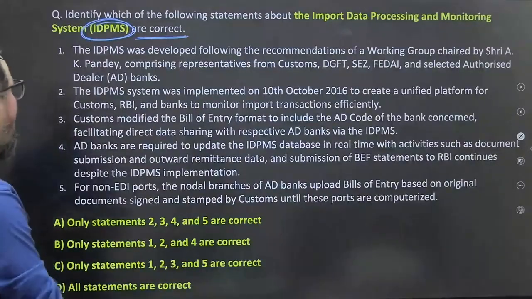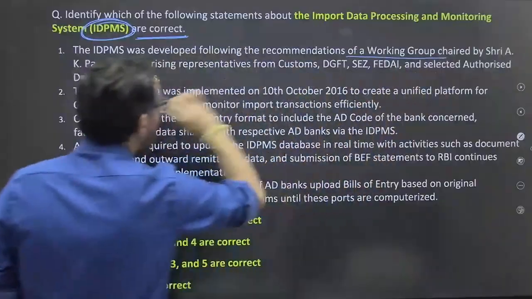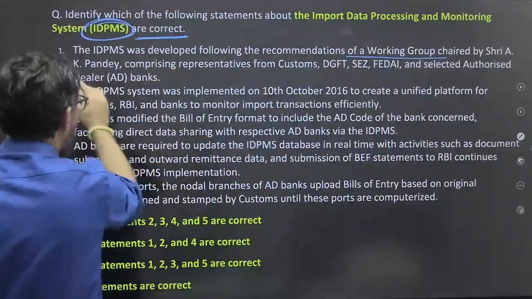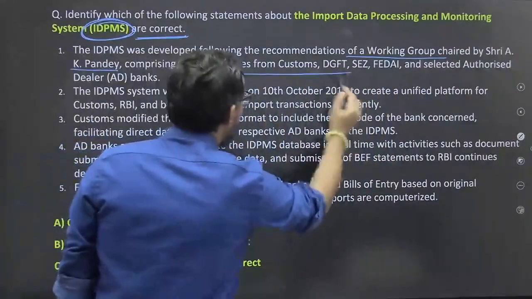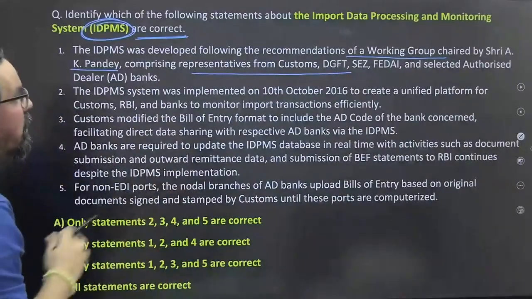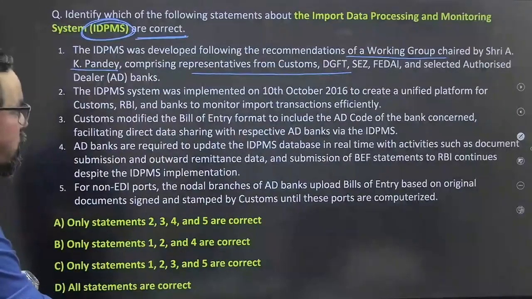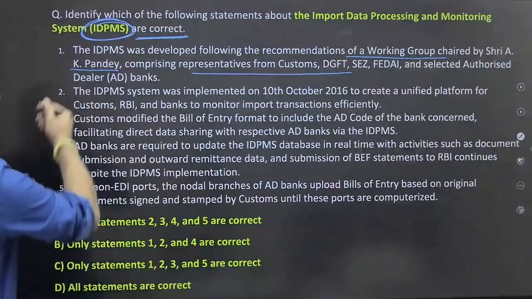Okay, so IDPMS was developed following the recommendations of a working group chaired by Sri A.R. K. Pandey, comprising representatives from customs, DGFT, SEZ, the Foreign Exchange Dealers Association of India and select authorized dealers.